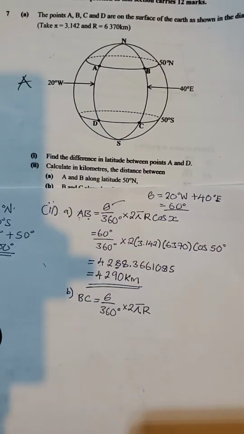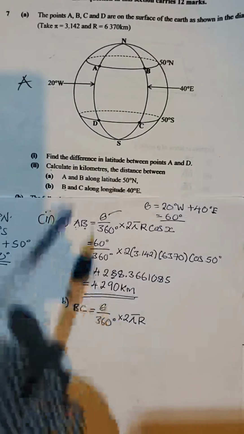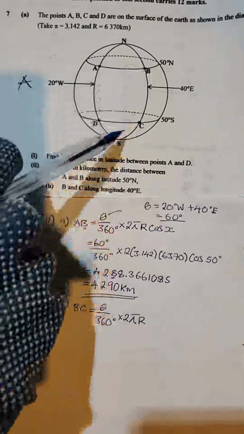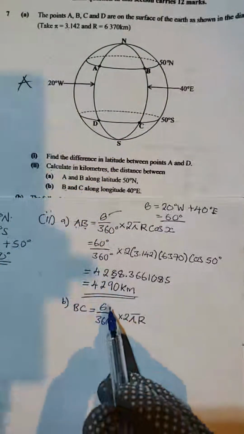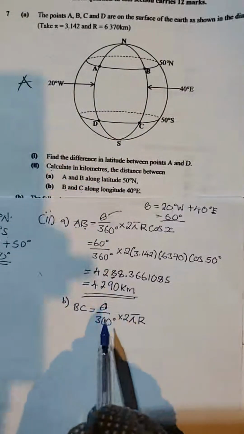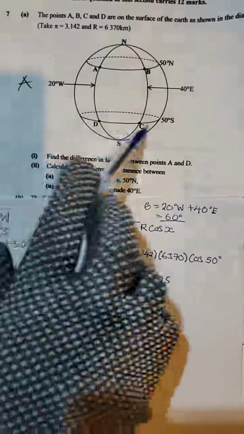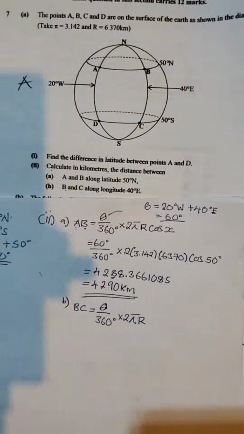Substitute directly. Since we're calculating BC, the distance along the line of longitude, the theta here is the difference in the line of latitude.